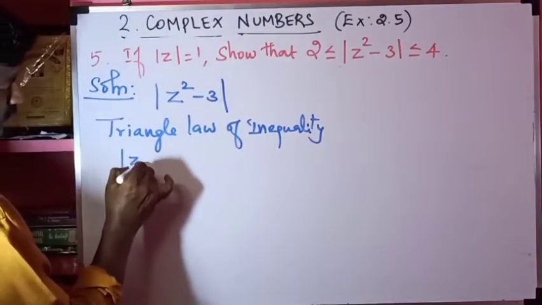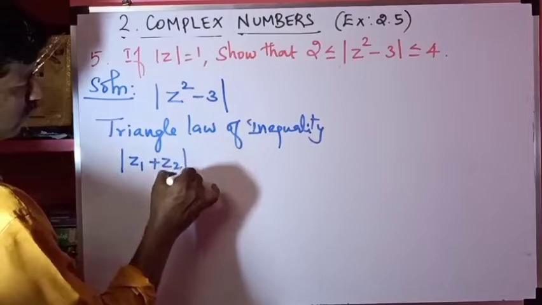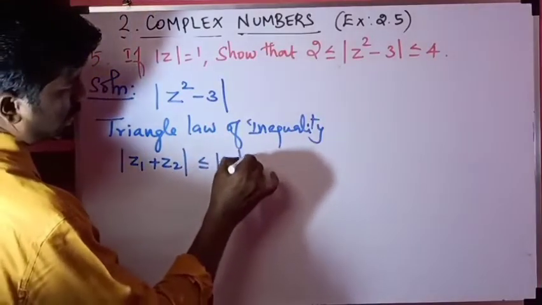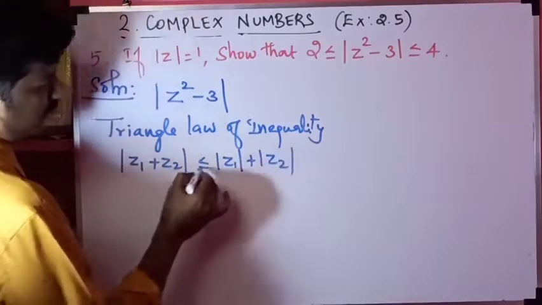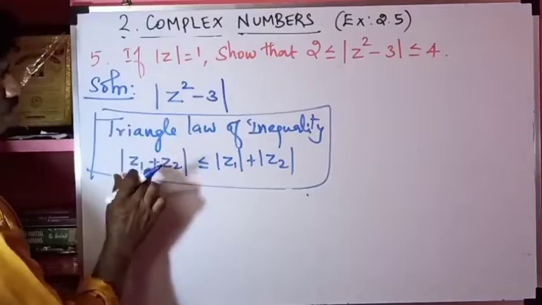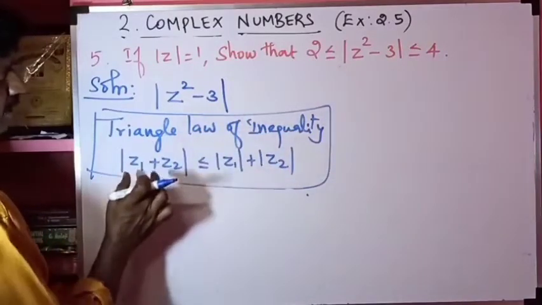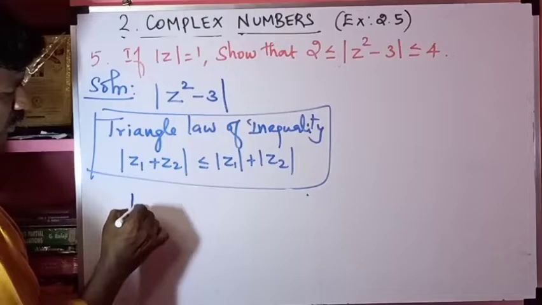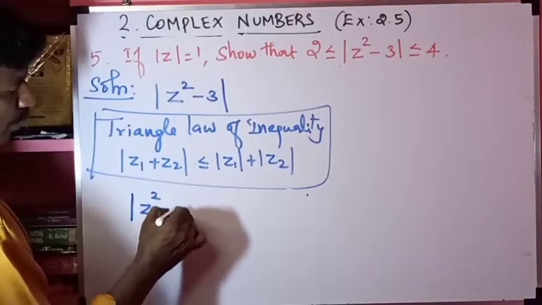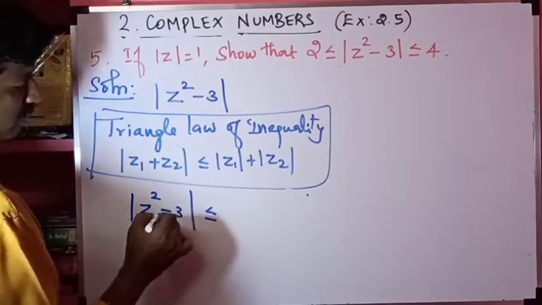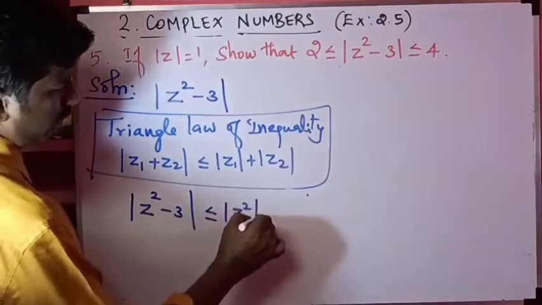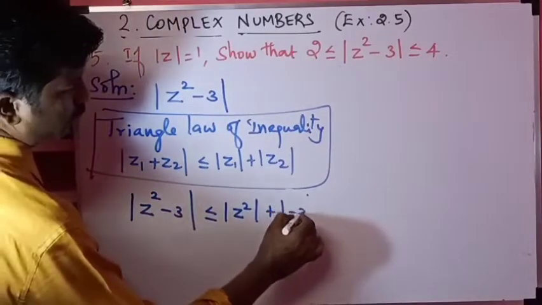The modulus z1 plus z2 is less than or equal to modulus z1 plus modulus z2. This is for less than or equal to. So based on the triangle law of inequality, the modulus z square minus 3 is less than or equal to modulus z square plus modulus minus 3.